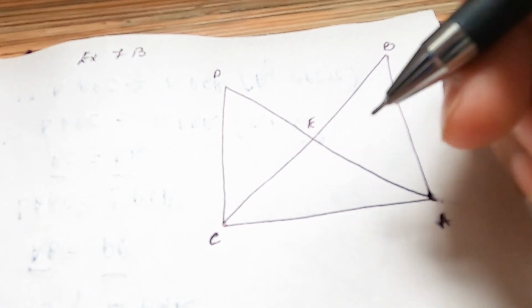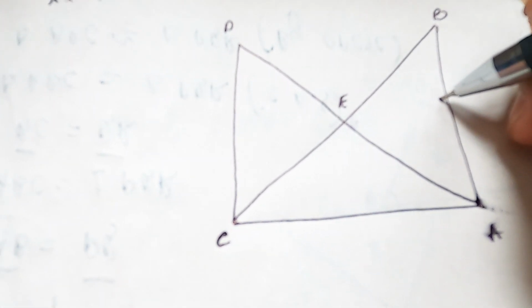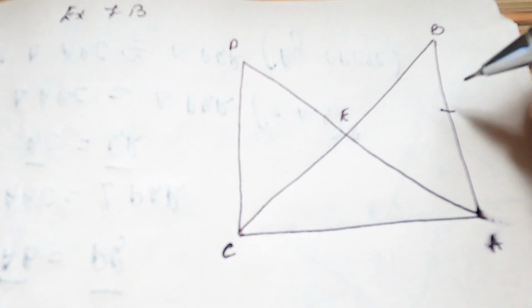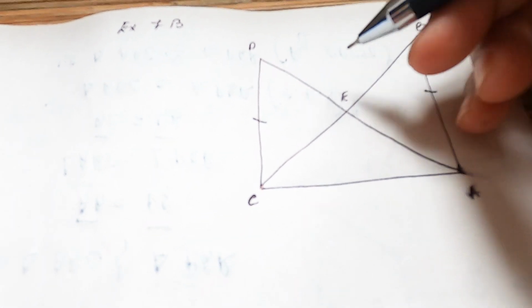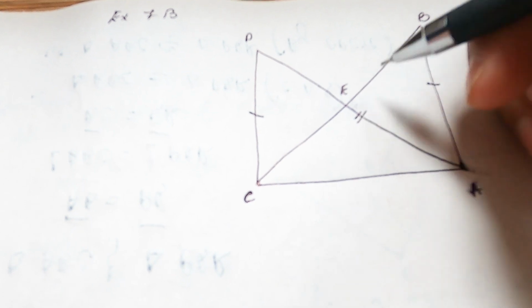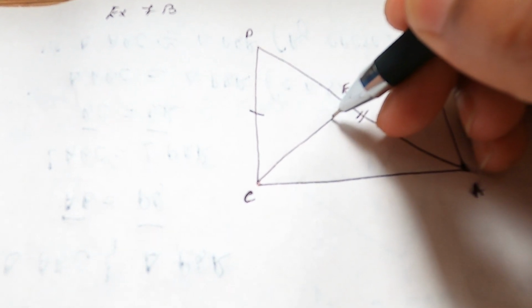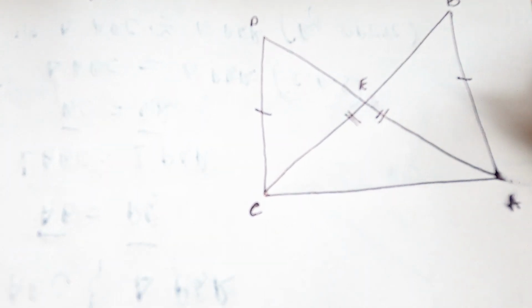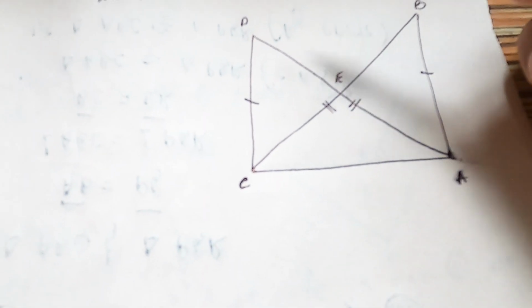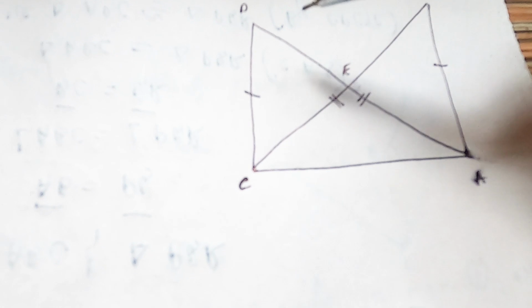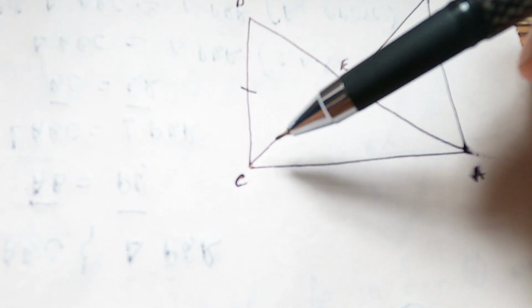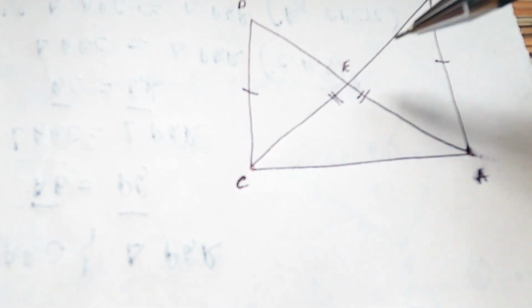So we have side AB is equal to side DC, and AD will be equal to BC. So in this case, what we have to show is that triangle ADC is congruent to triangle CBA.